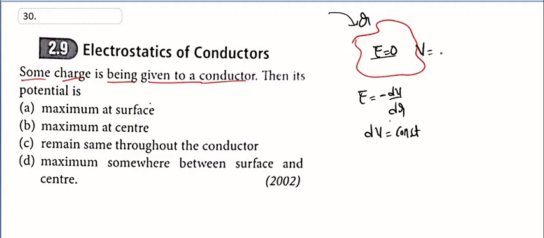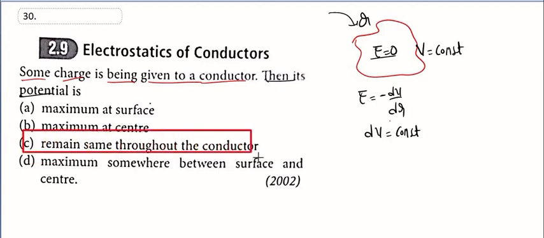That means the potential is what? Constant. So which is the answer? Remains the same throughout the conductor. Potential remains the same throughout the conductor. So option C is the right answer for question 30.